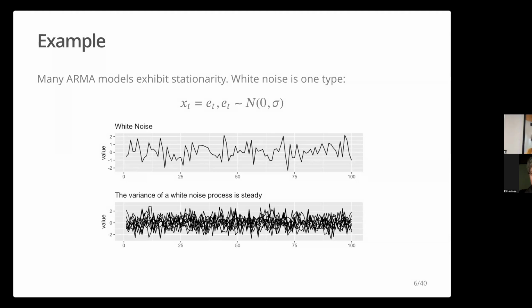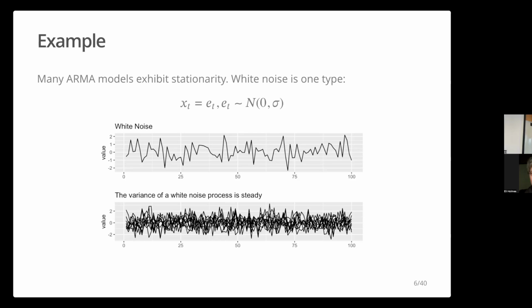Okay, so you saw things like this in the last lecture by Mark. This is an example of stationarity. This is white noise. That means we're just drawing from a normal distribution, and how far this is from zero, it has a zero mean.